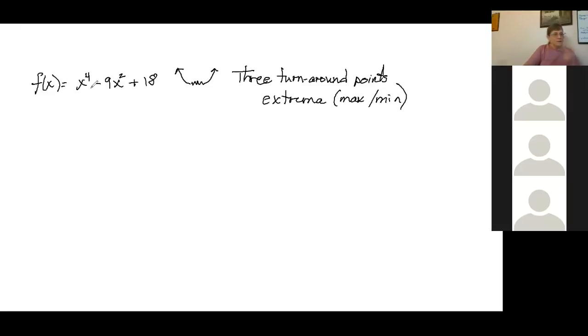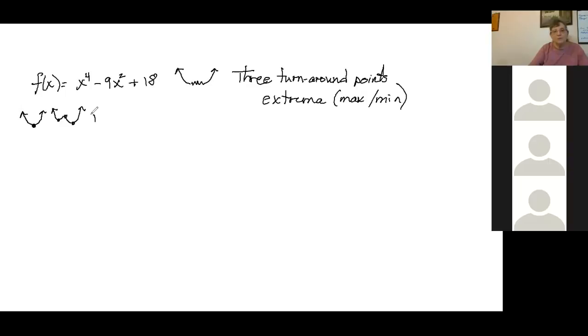A graph cannot change direction going down to up or going up to down more than one less time than what the biggest exponent is. So an x to the fourth might just go like that. It could go like this, where this one has 1, 2, 3 turnaround points. This one only has 1.